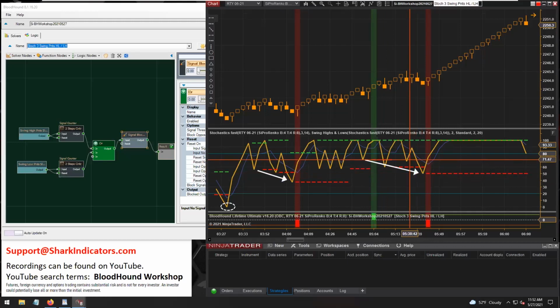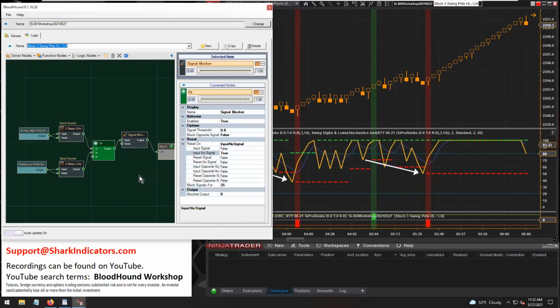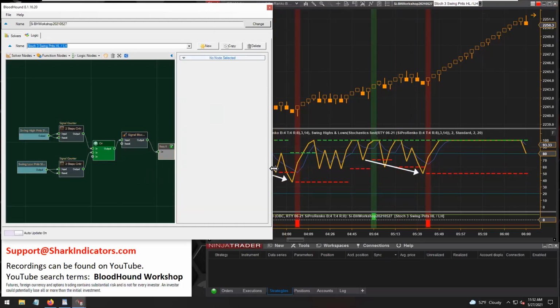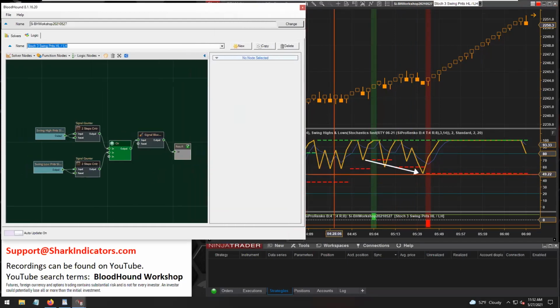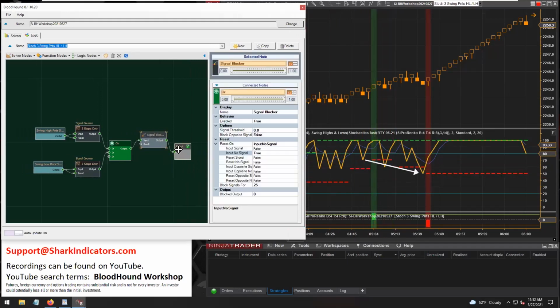Ignoring that swing low there is because the swing high-low indicator is not picking up that low point or that high point, because we set the swing strength. We had to step it up. So without a better swing indicator suited for the stochastics, that's as good as we're going to get.